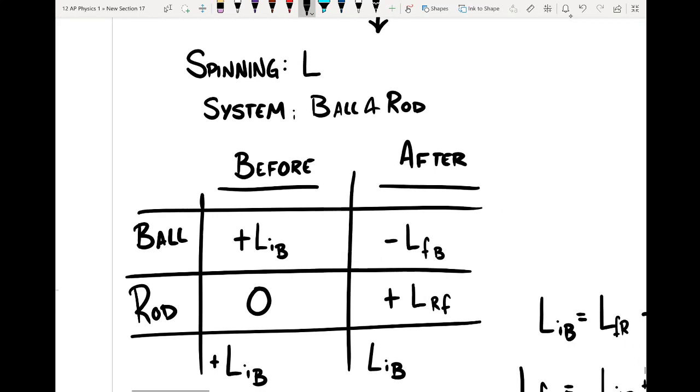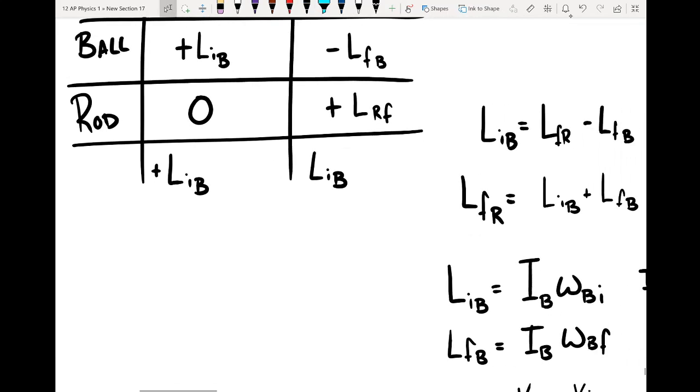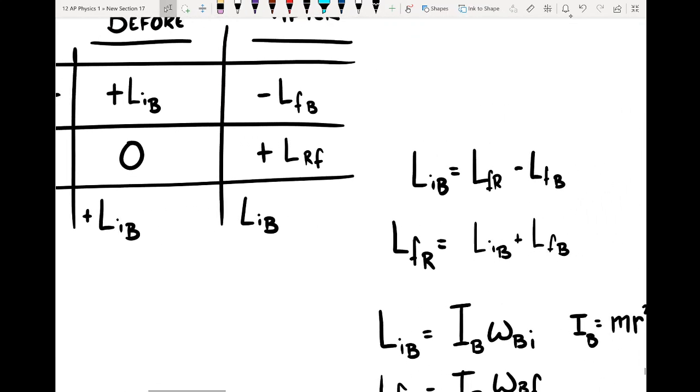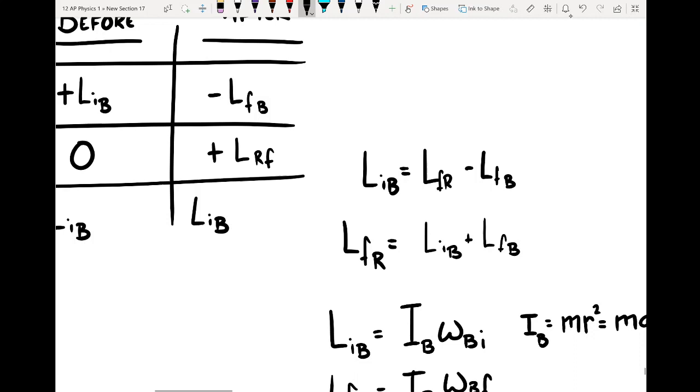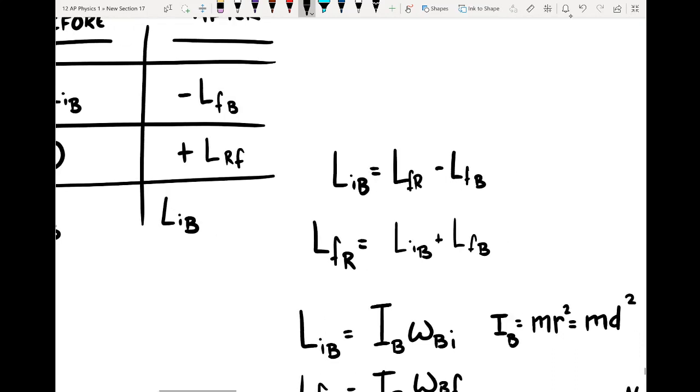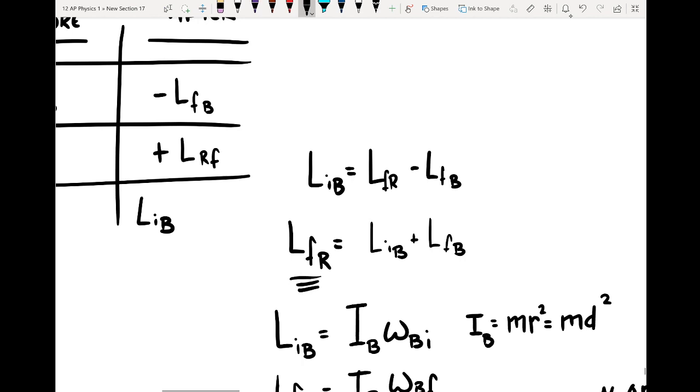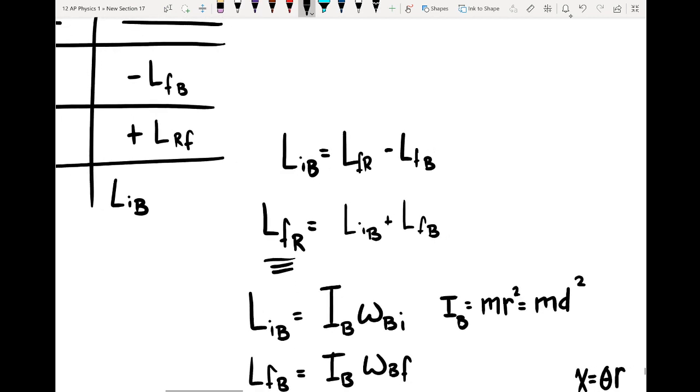So our final angular momentum is L initial for the ball, made up of L final for the rod minus L final for the ball. If we rewrite this, we want the angular momentum for the rod, so we solve for it and set that equal to L initial of the ball plus L final of the ball, just by doing a bit of math.